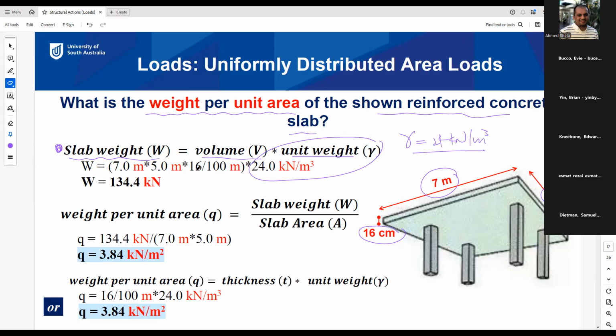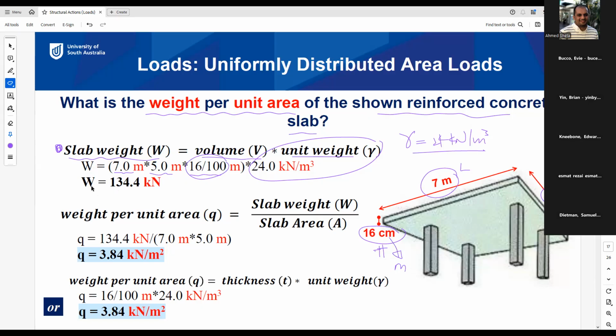The volume of this slab will be the width, length, and thickness, T or H, or height, whatever the symbol is. So it is the 3 dimensions, LWH. So it is 7 meter times 5 meter times 16 over 100. We convert centimeter to meter because all the units need to be consistent.